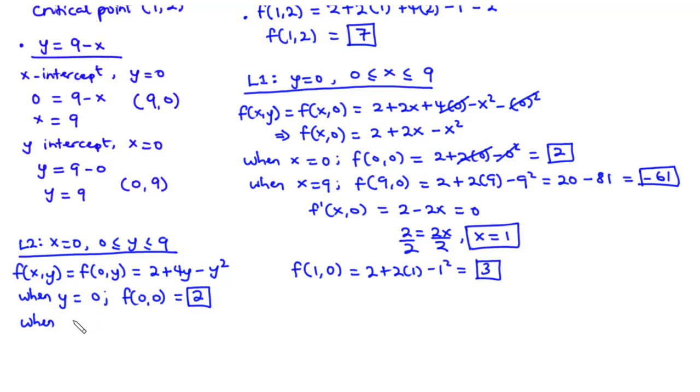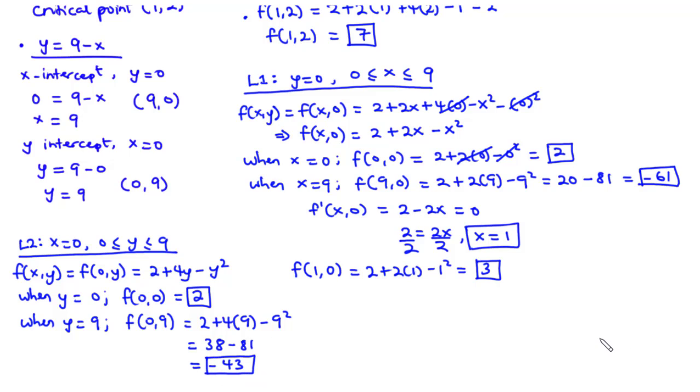Next, when y equals 9, f(0, 9) will be equal to 2 plus 4 times 9 minus 9 squared. Now 4 times 9 is 36, 36 plus 2 is 38. So we have 38 minus 81, and that's equal to negative 43.